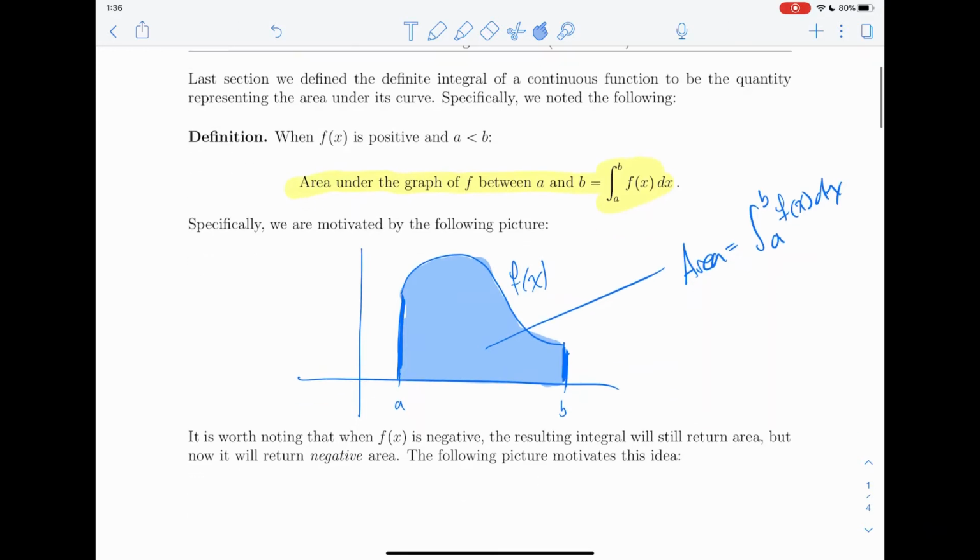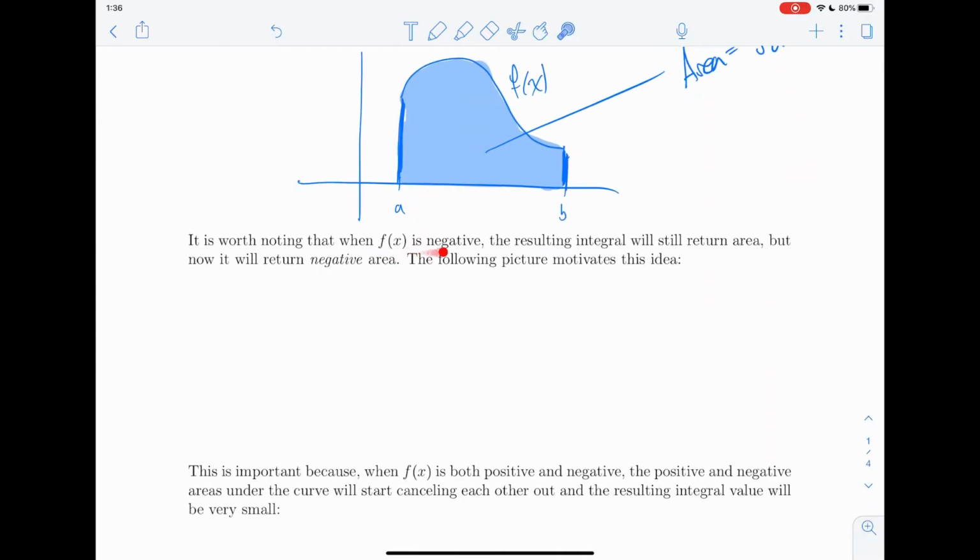It turns out that when f is negative, the resulting integral still returns area, but the weird thing is that the area it now returns is negative. So for example, the picture we might encounter is a picture like this. Again, here's an a and here's a b. That's the part of the picture we care about.